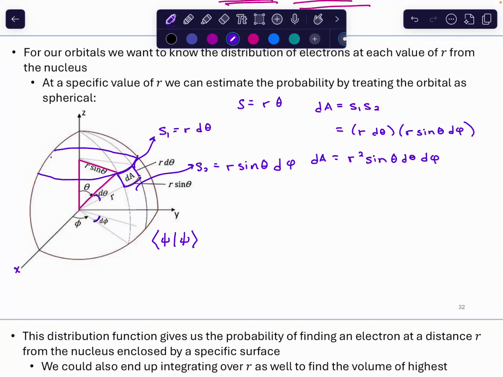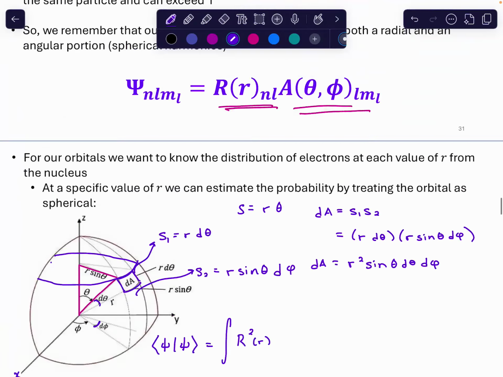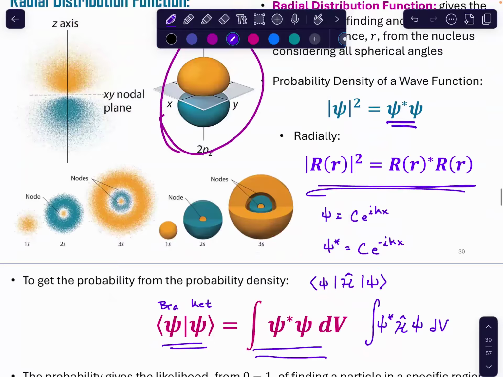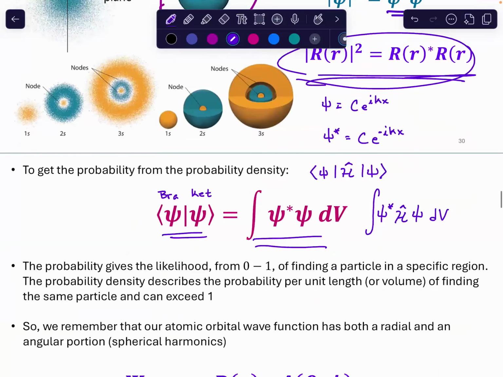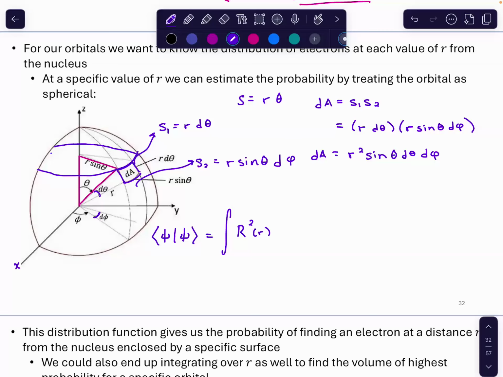Now, when we integrate this, as you remember, our wave function is going to be our radial portion, that's going to be r squared R, which we get from here. And then it's going to be dA, because we're just worried about the probability density at a specific radius, and that radius will produce spherical surfaces.